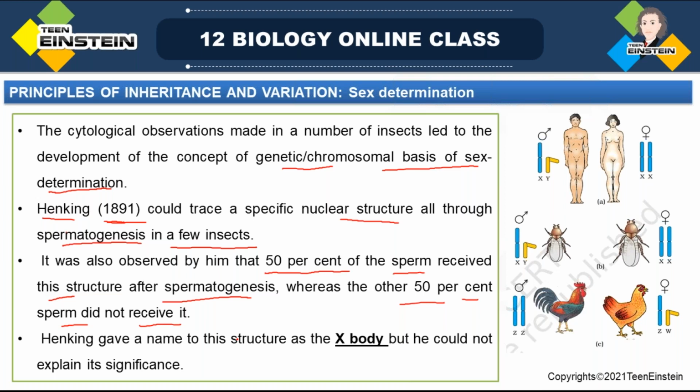Even though it is present, 50% of the sperm receive this structure after spermatogenesis, but the other 50% do not. Henking named this structure X body, but he was unable to explain its significance.